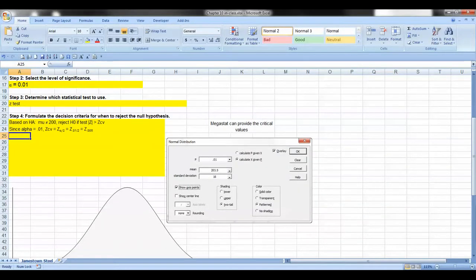Okay, the area between the tails, if the tails are each 0.005, then the two of them together are 0.01, which means that the remainder of the area is 0.99.